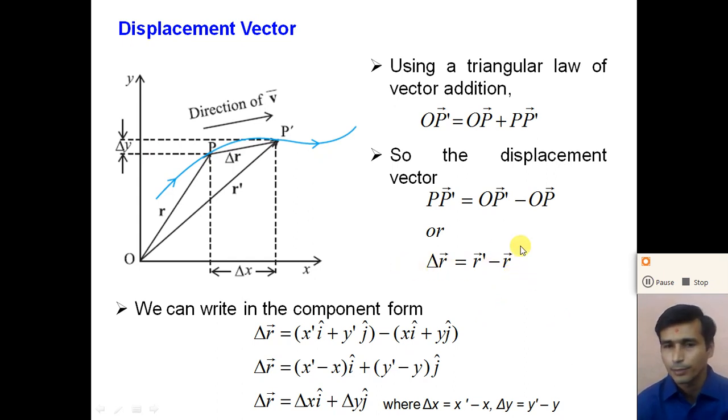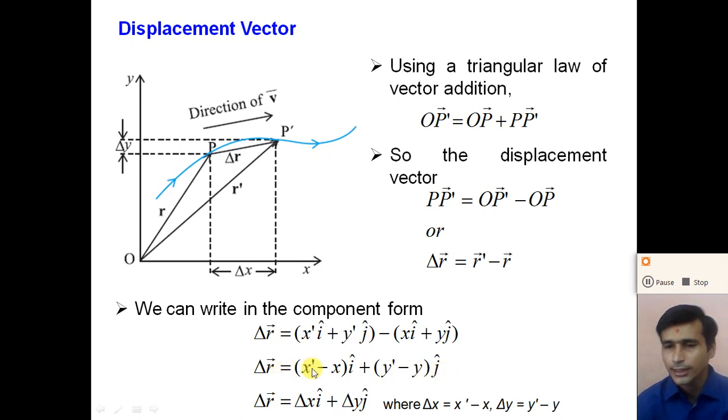So here, in component form, the displacement delta r is equal to vector r' minus vector r. Here the vector r' is x'i plus y'j, minus what is the vector r? xi plus yj. So if you subtract these two vectors, we get the displacement vector delta r equal to (x' minus x)i plus (y' minus y)j.